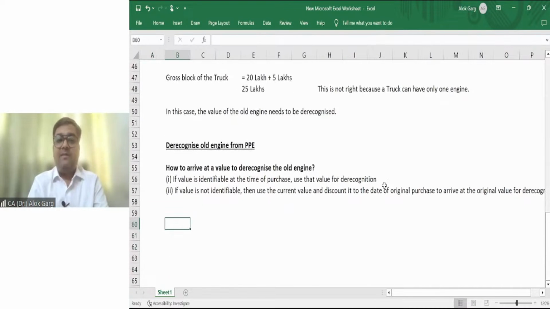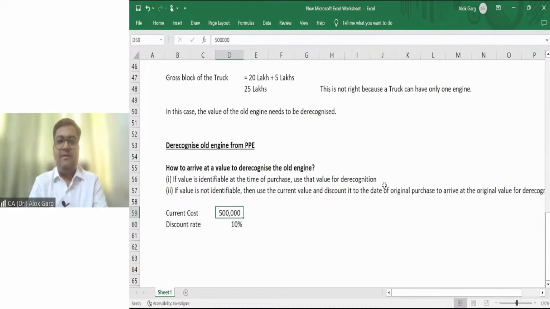Sir, please explain this with the help of a numerical example. Let me explain here. What is my current cost? My current cost is 5 lakh rupees. What is my discount rate? Assuming 10%. How much time period has elapsed? 5 years.